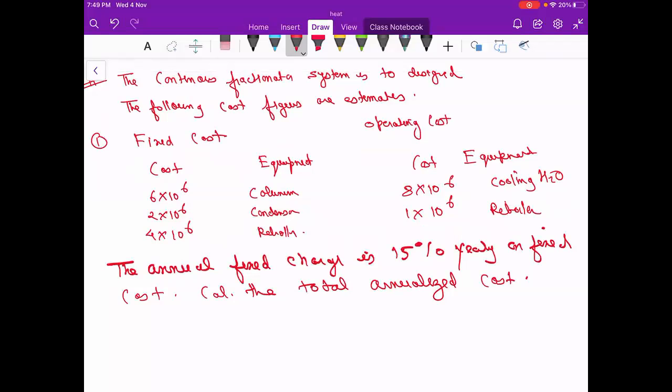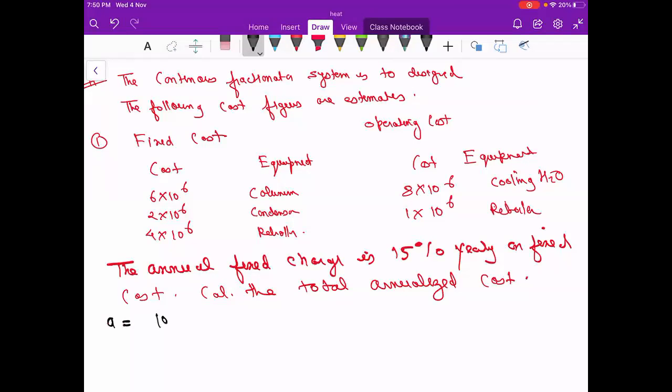Calculate this. Options are given actually. I can give you the options also.